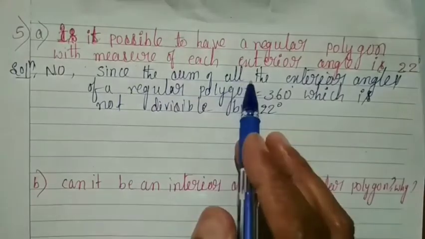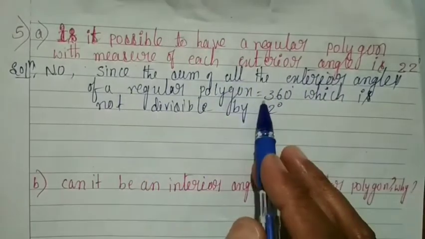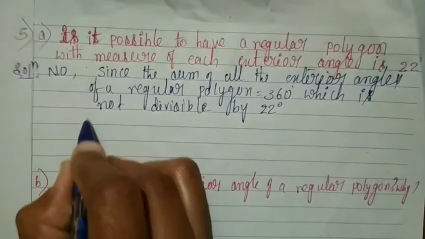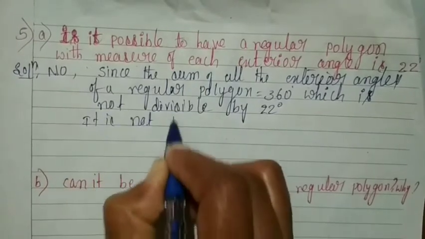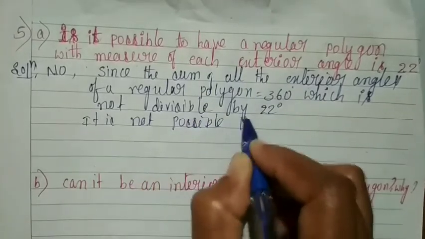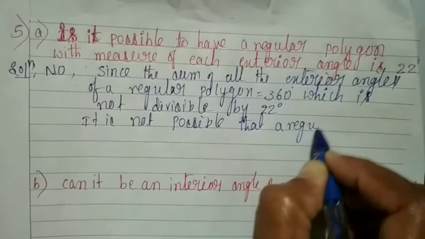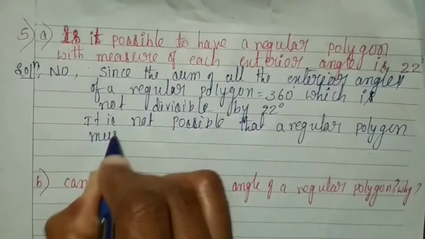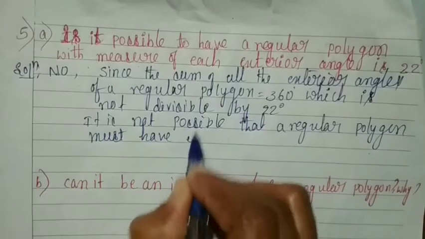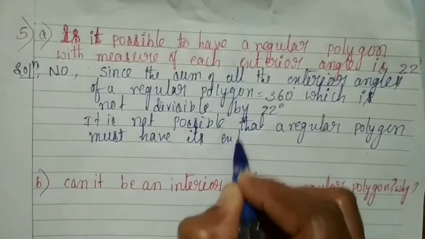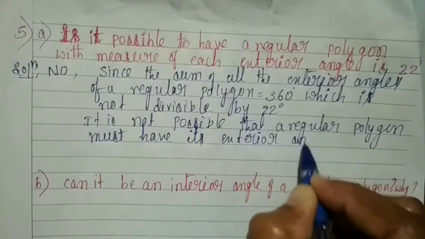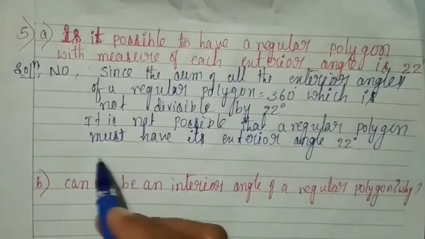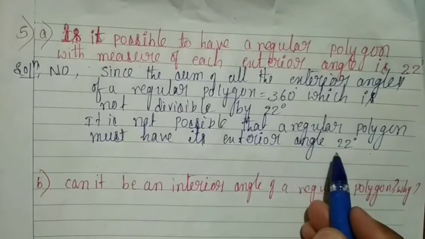Since the sum of all the exterior angles of a regular polygon is 360 degree, which is not divisible by 22 degree, it is not possible that a regular polygon must have its exterior angle 22 degree.